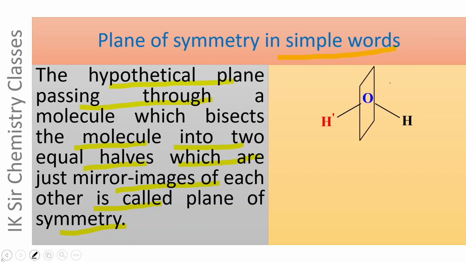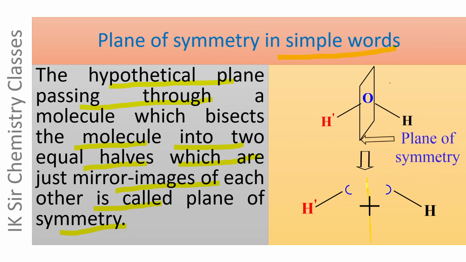This plane which bisects the H-O-H bond angle divides H2O molecule into two equal halves which are just mirror images of each other, and therefore this plane is nothing but a plane of symmetry.